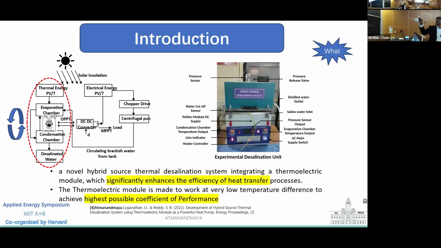This is replicated in this experimental setup. From this schematic, I designed my own experimental setup to verify that what I designed is properly according to the models. In this setup, I am using the Peltier module. It works at a very low temperature difference, so that I can achieve the highest possible coefficient of performance.